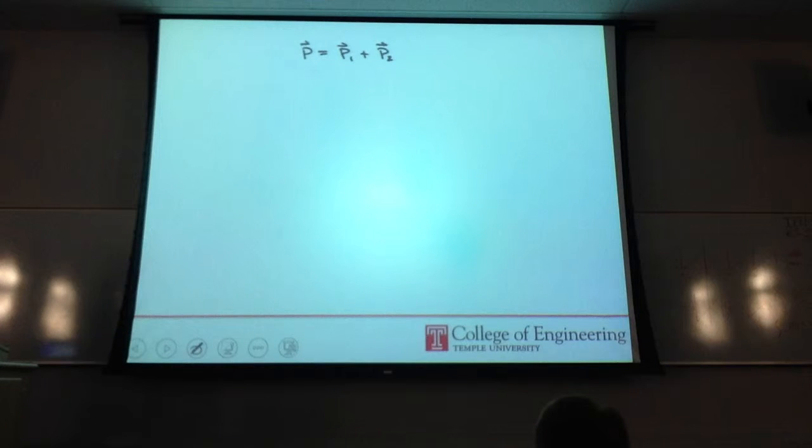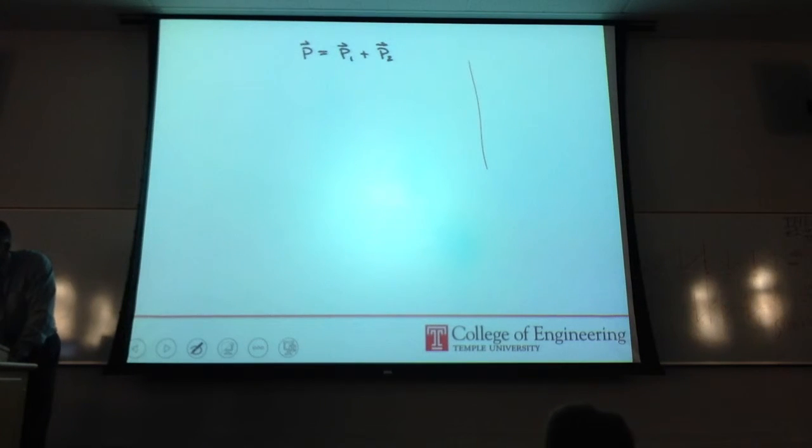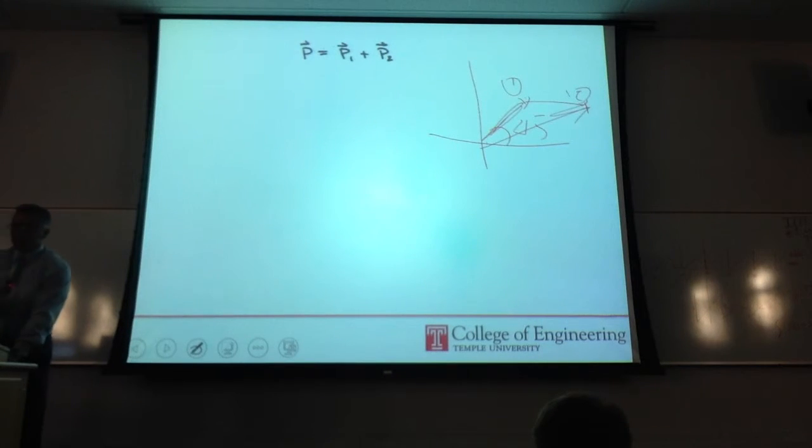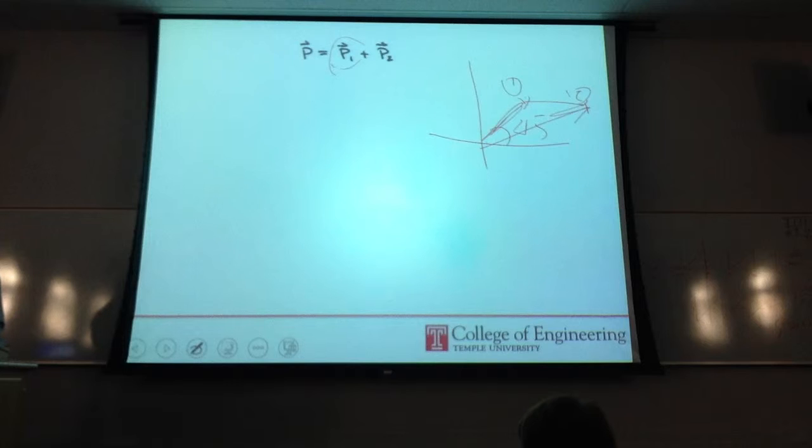Think about that. The location was like this, going this way, 45 degrees, and going that way. So this was 1, this was 2, and that's what you want to find, right? So the first thing is find out P1. What is P1 equal to?